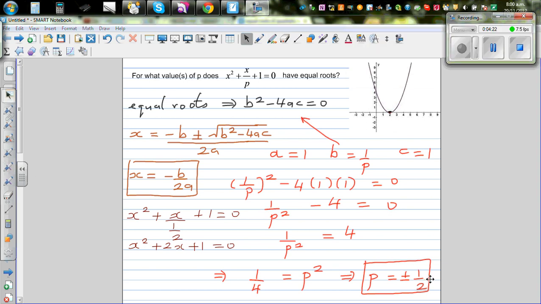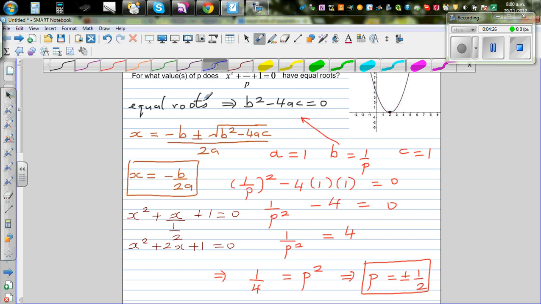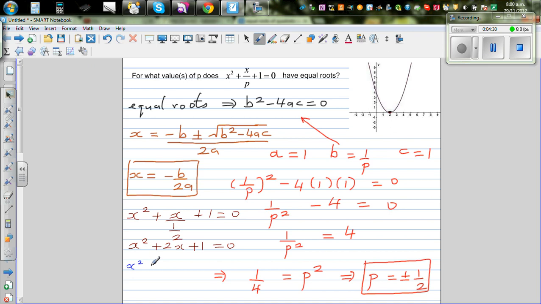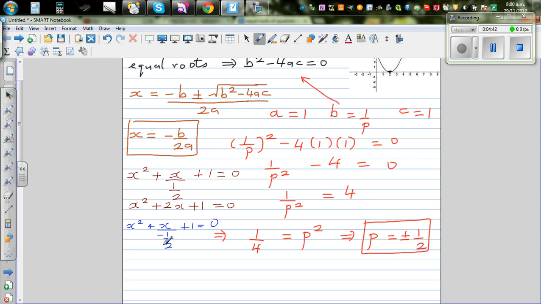If we put negative half back in this equation, we will get x squared plus x divided by negative half plus 1 equal to 0. Dividing by negative half is the same as multiplying by negative 2, so this simplifies to x squared minus 2x plus 1 equal to 0.